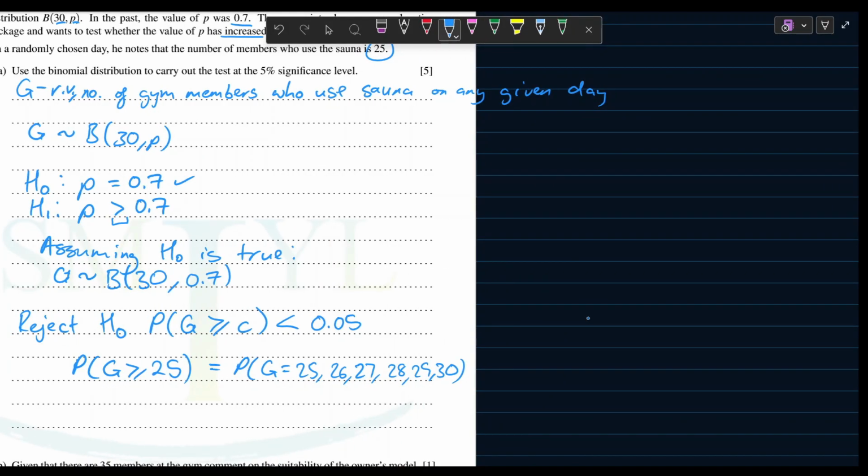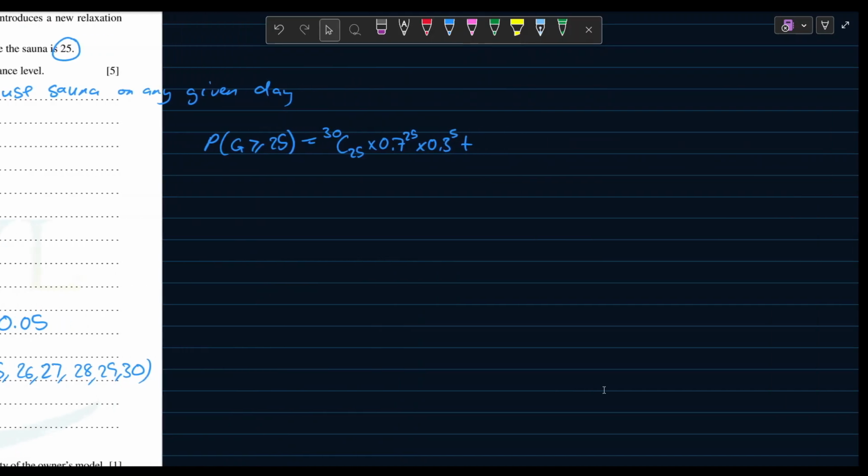So the probability that G is greater than or equal to 25, we're using this distribution here. So it's going to be 30 choose 25 times 0.7 to the 25 times 0.3 to the 5, plus, then we go on to 26.